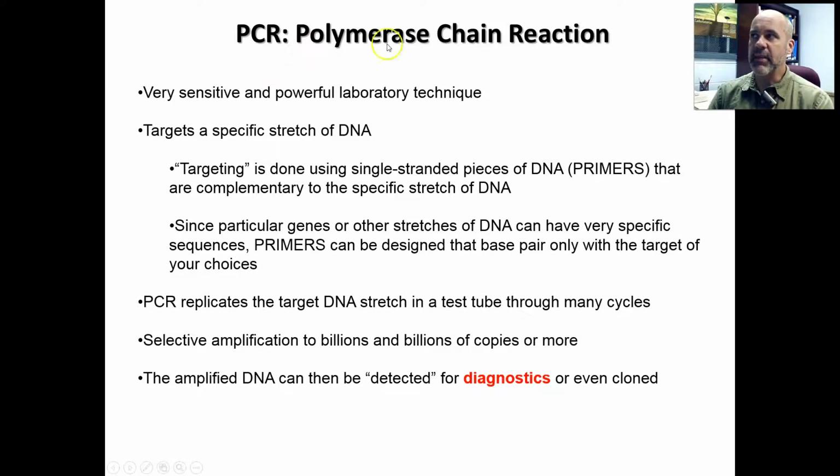But then this polymerase chain reaction technique will artificially amplify that target DNA. It'll make many, many copies, billions and billions of copies. So you're amplifying this DNA artificially in a test tube, and now you've got enough of it to actually detect it, use techniques to actually see that it's there.